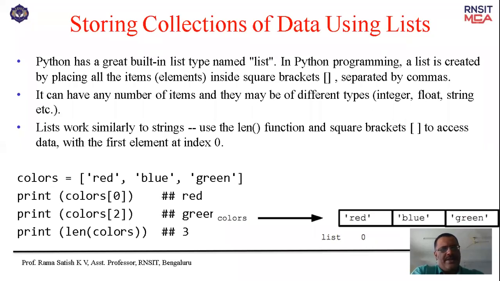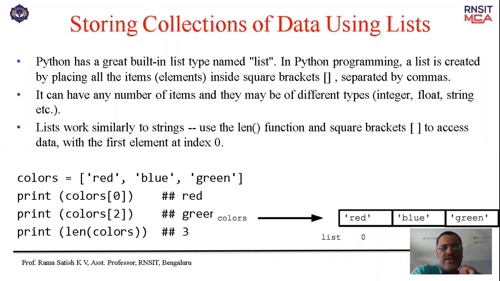So Python has a built-in data type, built-in class. Actually, we call it a class. It is called list, and a list is created by placing all the elements inside the square brackets, and each element is separated by commas.